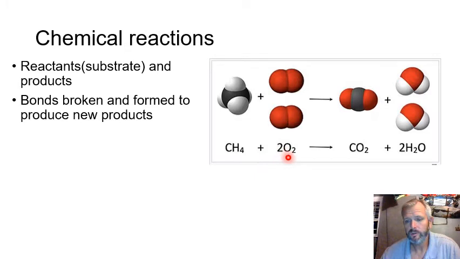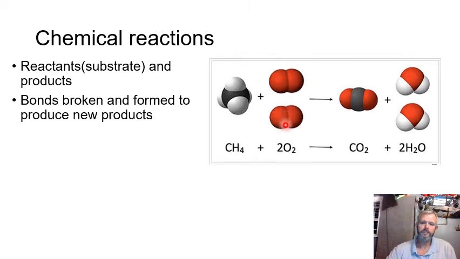Now we have 2 oxygen molecules. Oxygen, oxygen, oxygen, oxygen. Okay, these are covalently bonded. We saw this earlier. What would the polarity of this oxygen molecule be? Just to give you a quiz. Yeah, it's oxygen, oxygen.